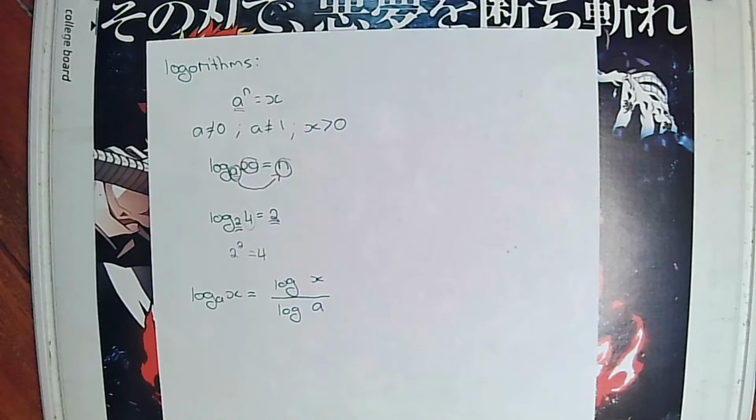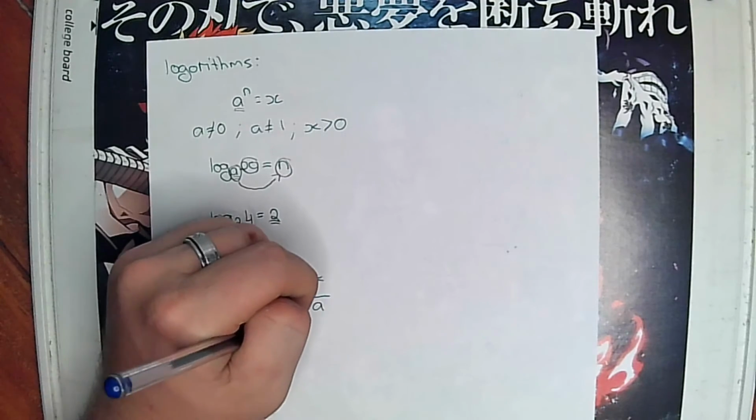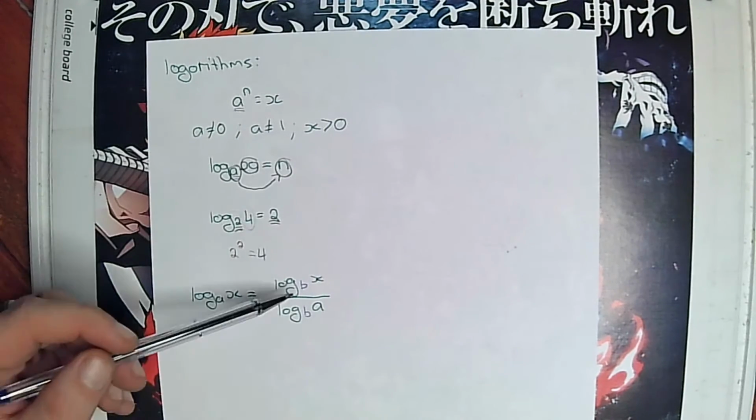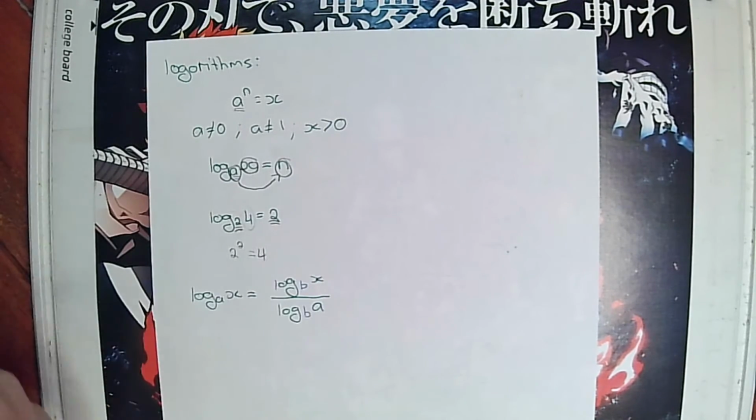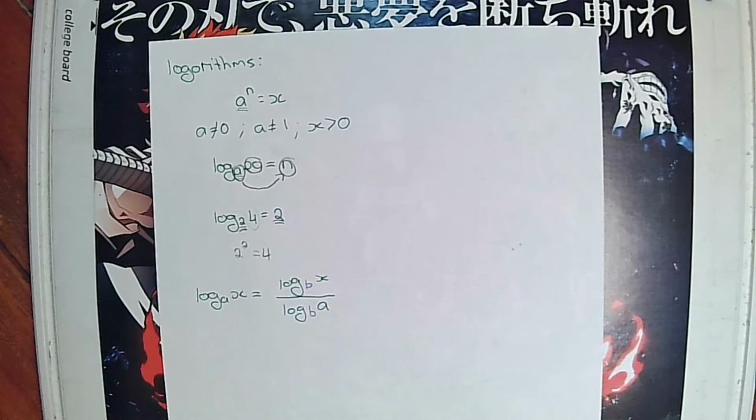What's nice about this is that the bases between these two logs stay the same. But what does this really tell me? For me to explain what this rule really means, we'll have to look at an example.